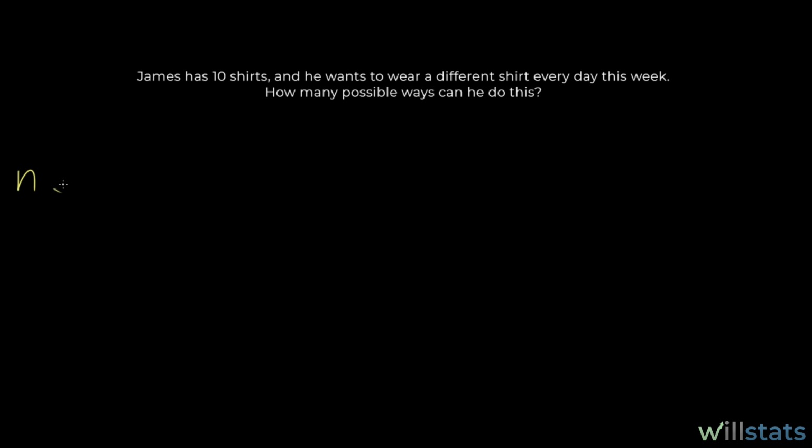So let's look at that same example with the shirts, and let's use our new knowledge. In this case, n, the amount of items, is 10. There are 10 shirts that James can choose from. Now r, the amount of items that we're taking, is 7, because there are 7 days in 1 week.